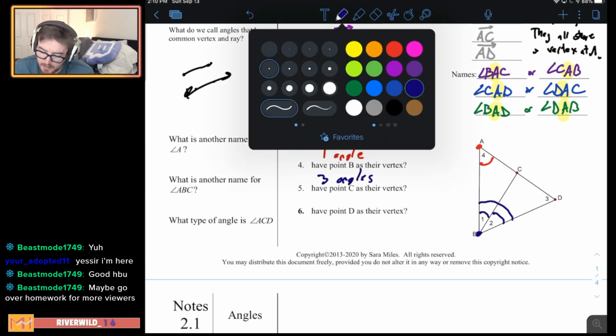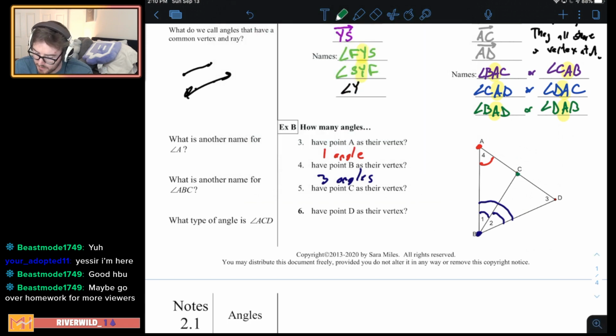How many have point C as a vertex? I could have this angle, I could have this angle, and don't get it confused, right? The straight angle ACD is also an angle. So this whole big thing, once again, there's 3 angles.